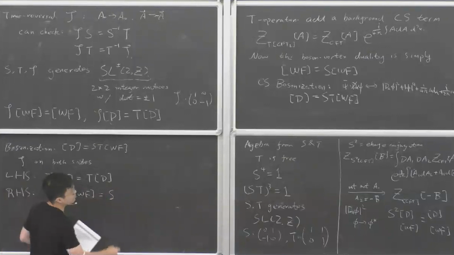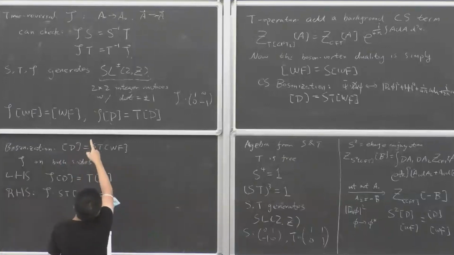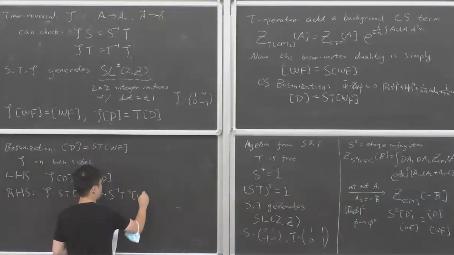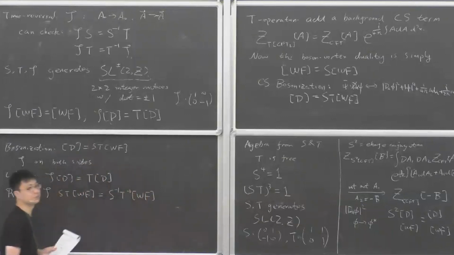But remember, every time we commute, we convert the S and T to S inverse and T inverse. And time reversal acting on Wilson-Fisher just gives you Wilson-Fisher. So it's this guy.